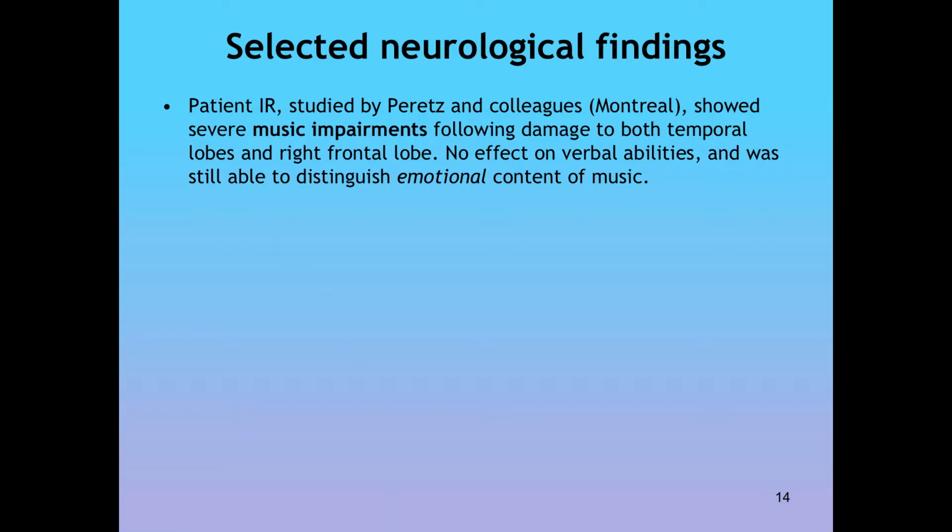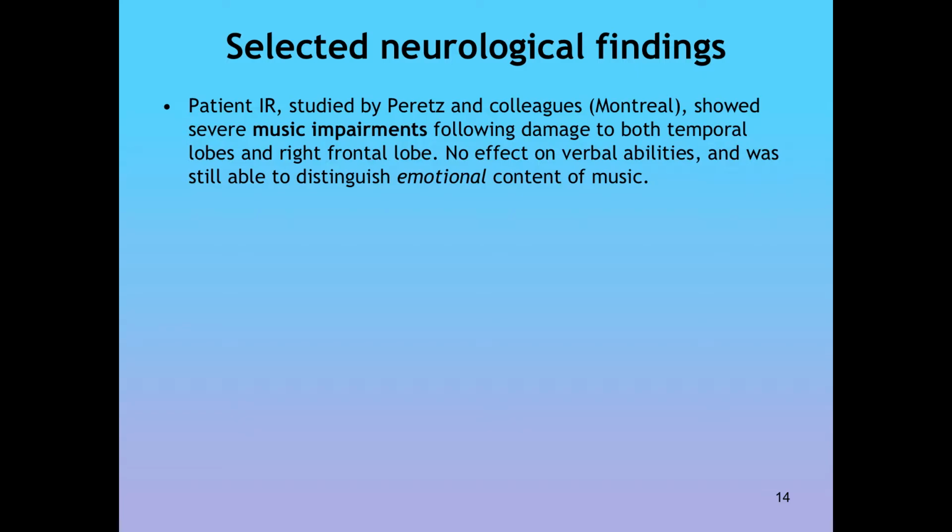But what was impaired was their ability to recognize melodies. So even very basic ones that they knew from childhood, they couldn't recognize them anymore. And also basic pitch discrimination, so the ability to determine just distinguishing differences between notes. That was gone too.